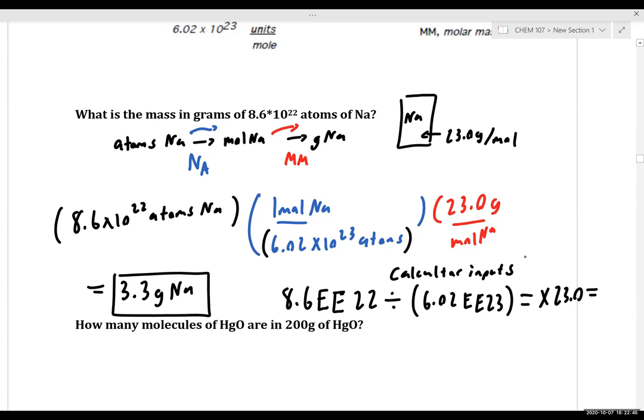Would it be a different answer if we didn't enter the parentheses? Yes, because if you don't enter the parentheses, some calculators don't group the number and the power of 10 together. So I just always enter Avogadro's number in parentheses to ensure consistency and to avoid calculator errors.